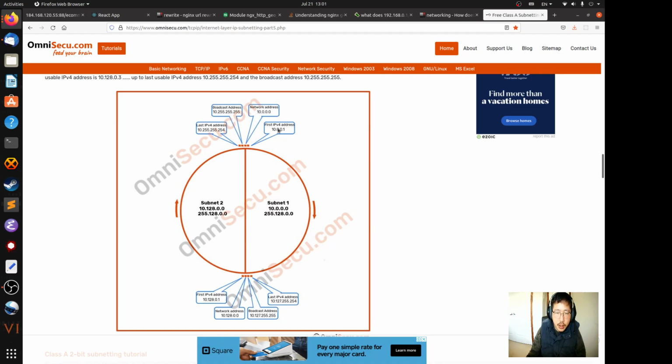I said that 10.0.0.0 is the network address of the first subnet, as we can see here, and then we assign IP addresses for the devices inside the first subnet, and we reach the broadcast address, and then we begin the network address of the second subnet, and then we assign IP addresses for all the devices in subnet 2, and then we reach the broadcast address of the second subnet.